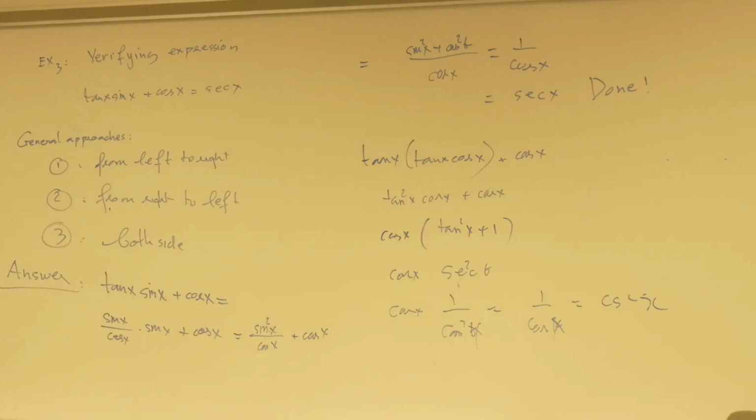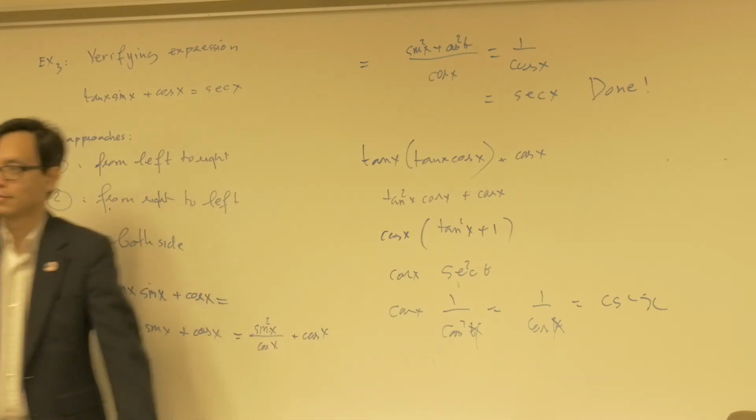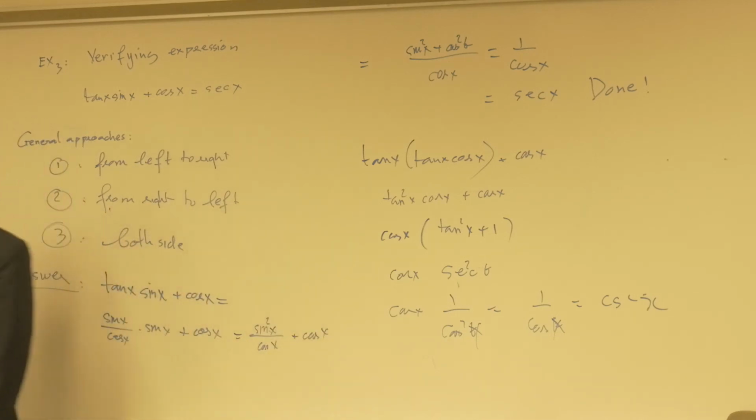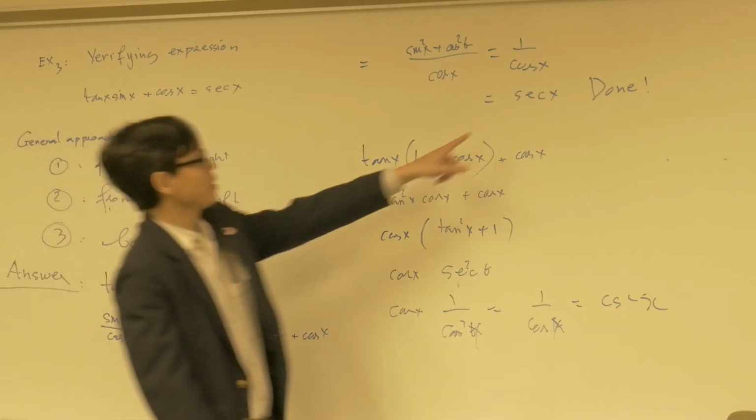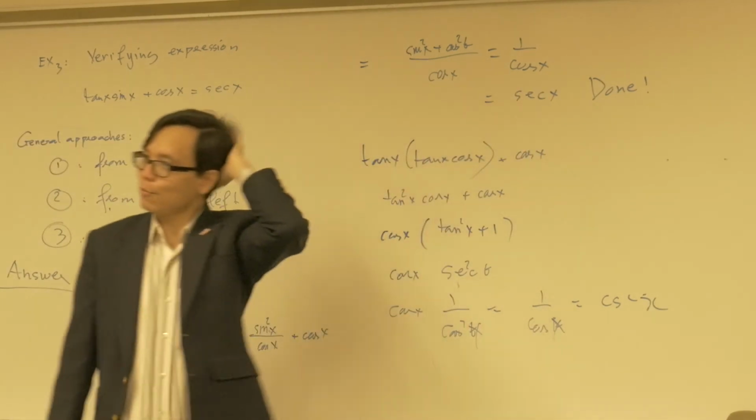So there's a different approach of doing this kind of question. Doesn't matter, as long as you show me the logic. As long as you show me the steps. Don't just jump from here, some way, somehow you get to here, and I was like, what?